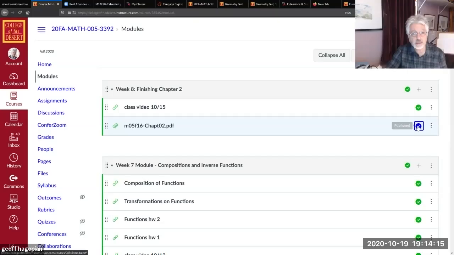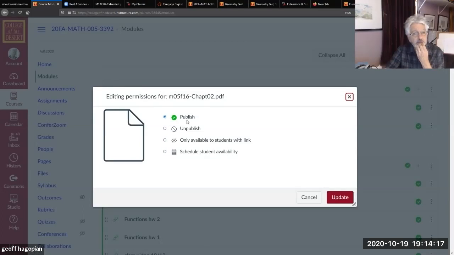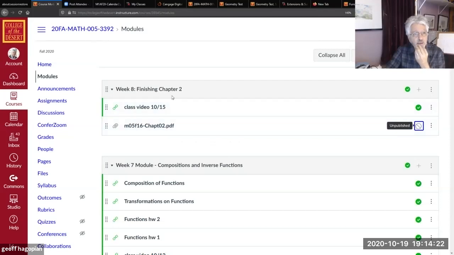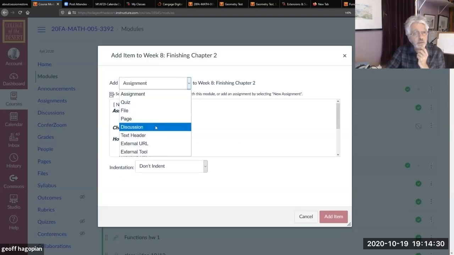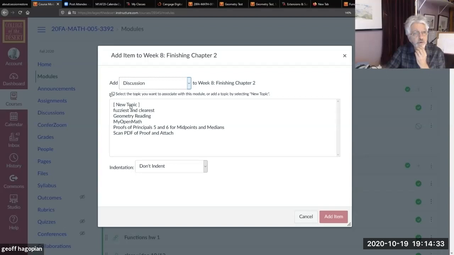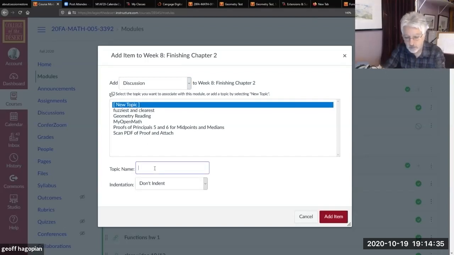I'm going to say edit this, and well, let me unpublish, and then I'll add a discussion item. Not for points, just for context, right? So: example of old chapter 2 test.